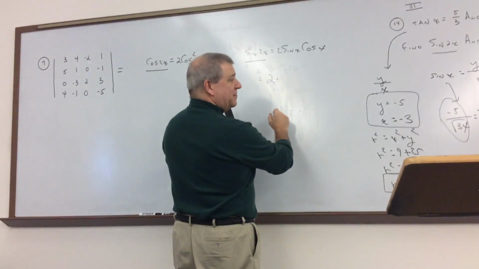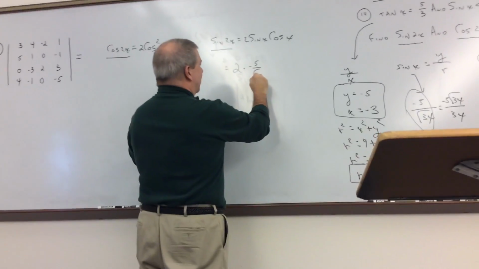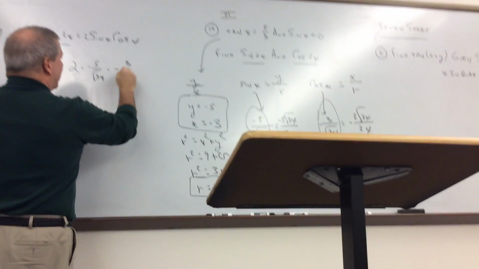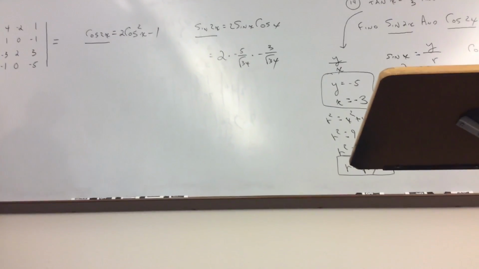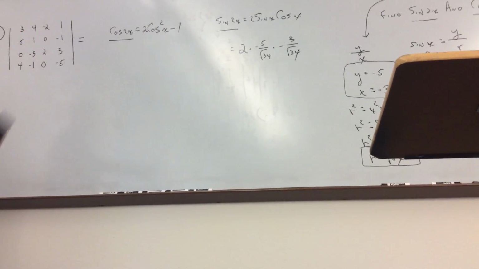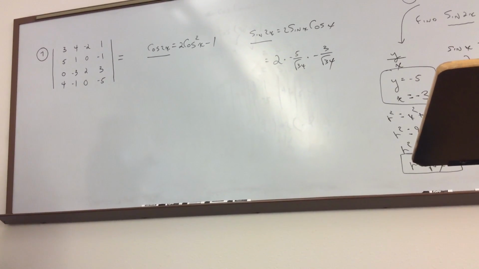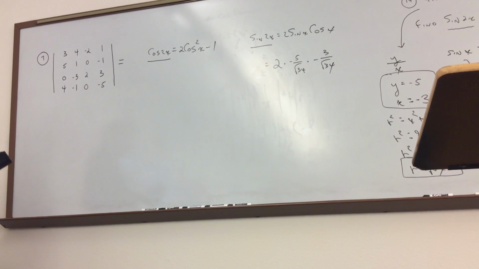Sine of x, -5 over radical 34, times cosine of x, -3 over radical 34. Why would it be easier to get the answer using those two forms, now that you see it there? Because you're just going to end up multiplying. Because when you multiply, the bottom's just going to be a 34, right?